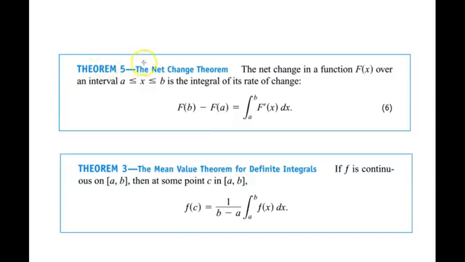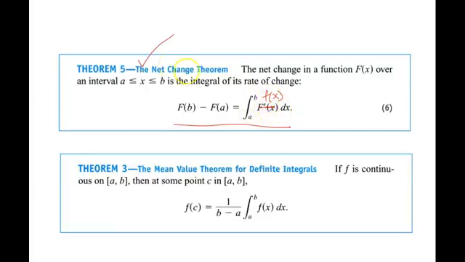So moving on to here, because of the second part of the fundamental theorem of calculus, we now can state what's called the net change theorem. And of course, we know from the fundamental theorem of calculus here, little f of x is essentially what big F of x, if we take the derivative of that, would be.